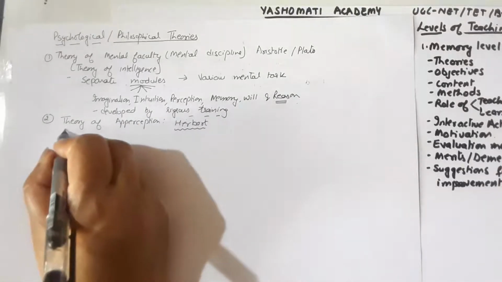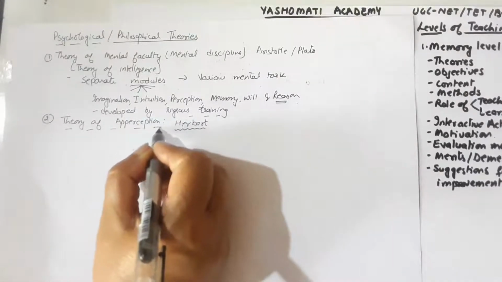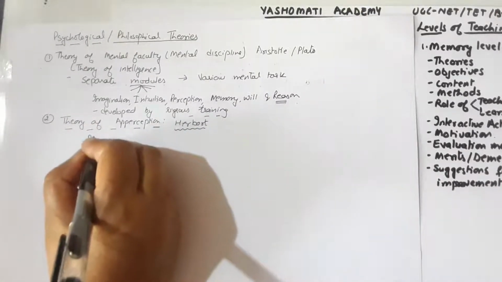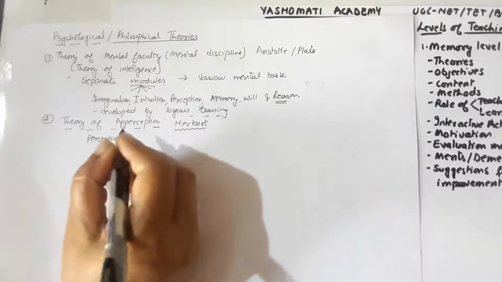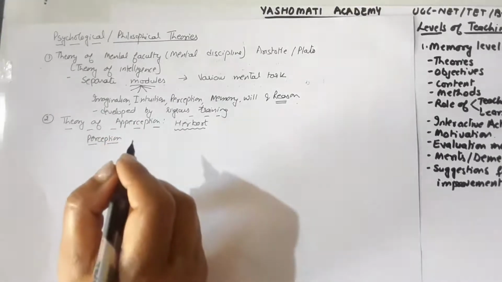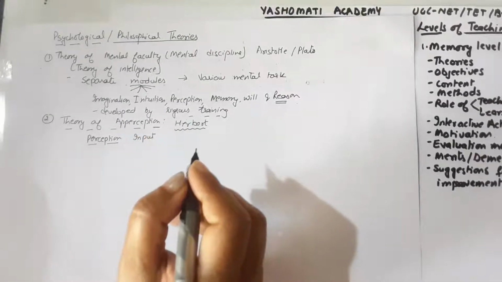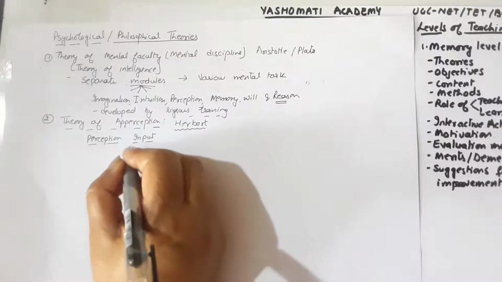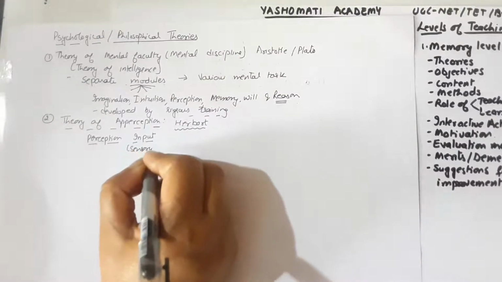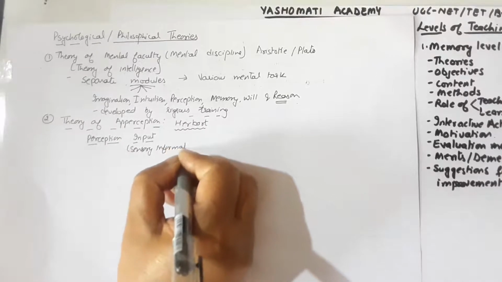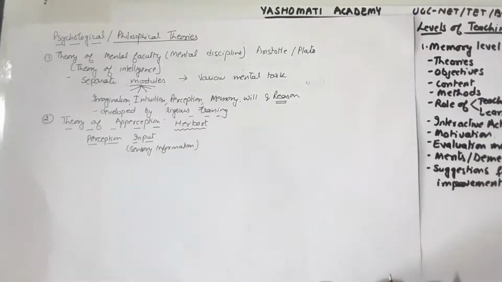Now before apperception, we must try to understand what perception is, because this word comes from perception. Perception means input. Input means all the sensory information which we get from the environment. We all know that we have 5 sensory organs, and through these sensory organs we perceive information about our environment.